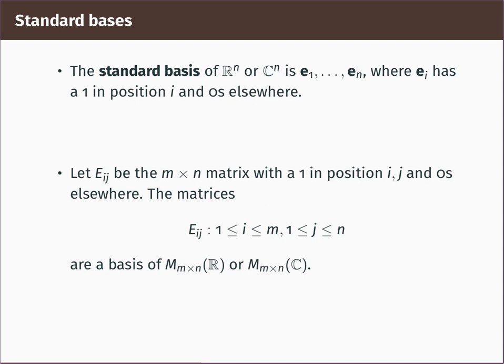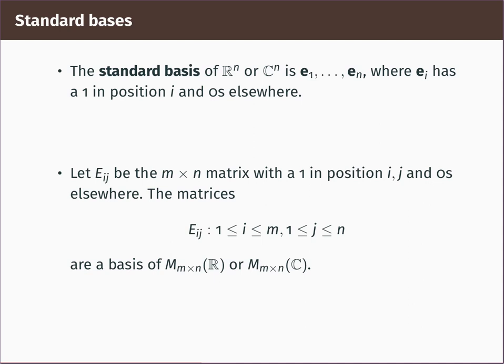Basis is such an important concept that we're going to look at several examples. Here are some more, which come under the heading of standard bases. First of all, in R^n or C^n, we have standard bases consisting of the vectors e1 up to en, where ei is the vector which has a 1 in position i and 0 everywhere else. That's called the ith standard basis vector, and this is called the standard basis.